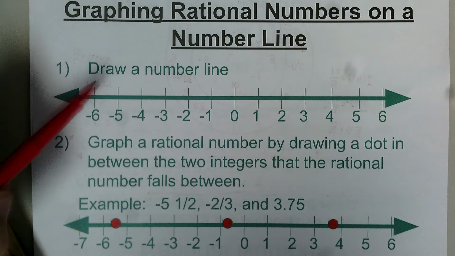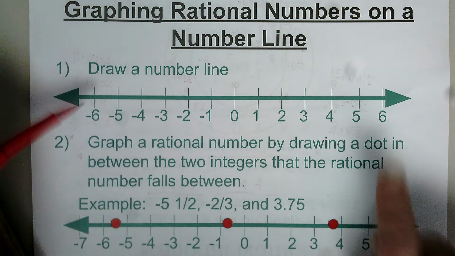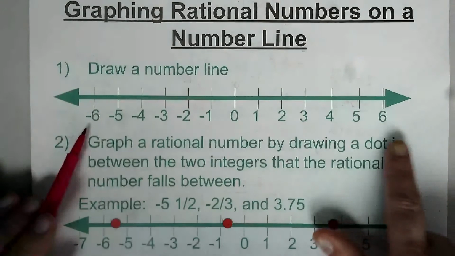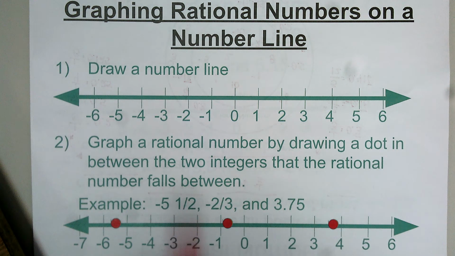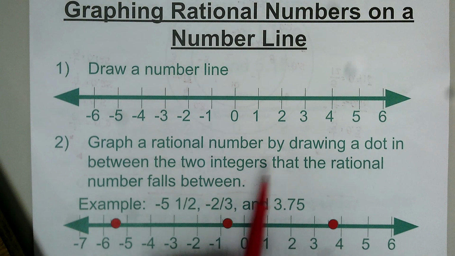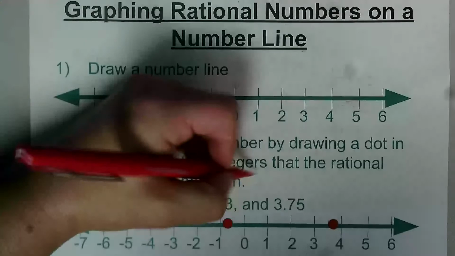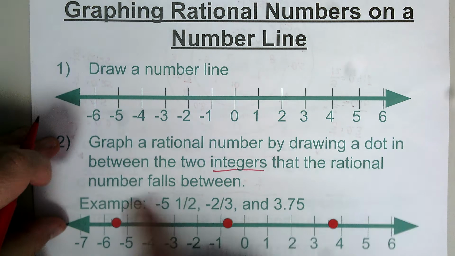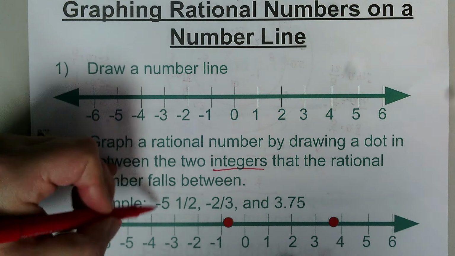All right, so it says draw a number line. So if we draw our number line, we just want to make sure that we have all the numbers that we're going to need. And I have this number line drawn from -6 to +6, okay? So to graph a rational number, you draw a dot in between the two integers that the rational number falls between, okay? So in other words, -5 1/2.